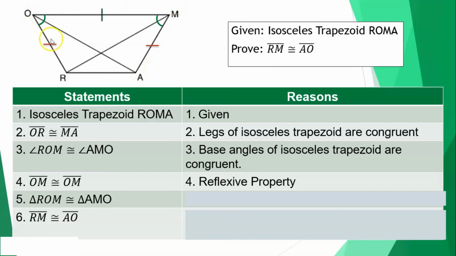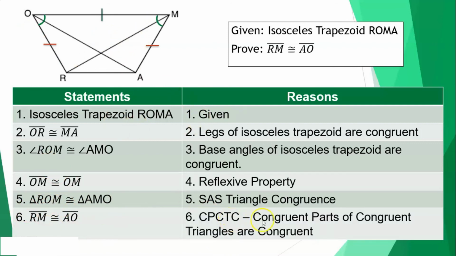You have a side, an angle, and a side, so that would be side-angle-side triangle congruence. So with that, we can say that RM is congruent to AO, in which these two are parts of the two triangles. So our reason would be corresponding parts of congruent triangles are congruent. So take note of that.